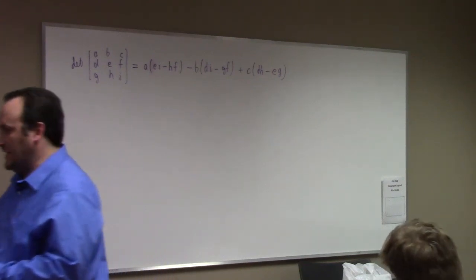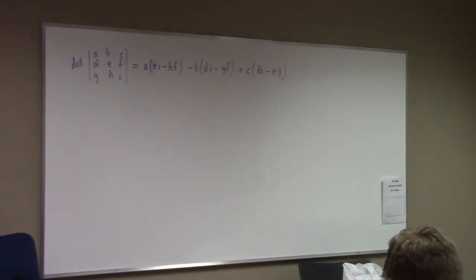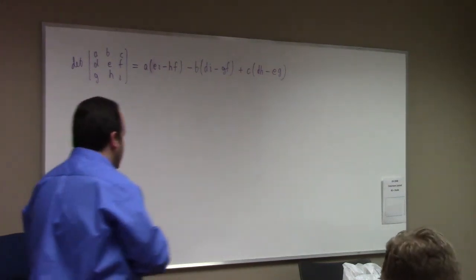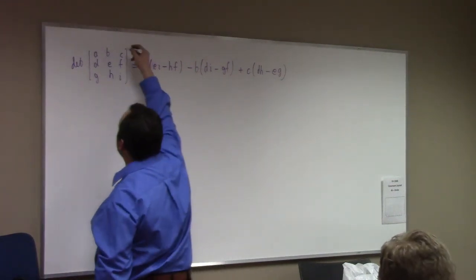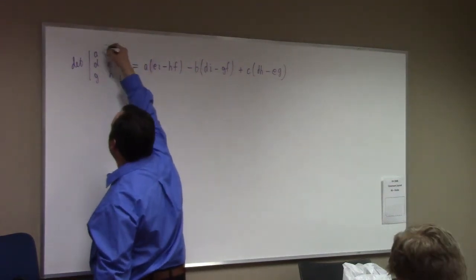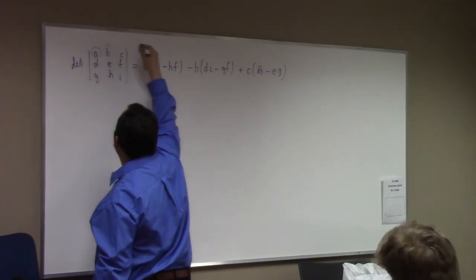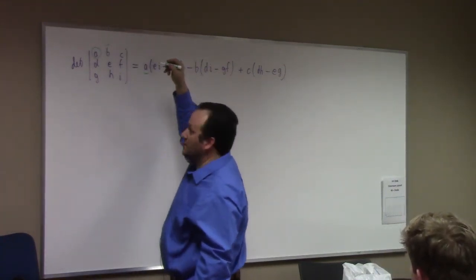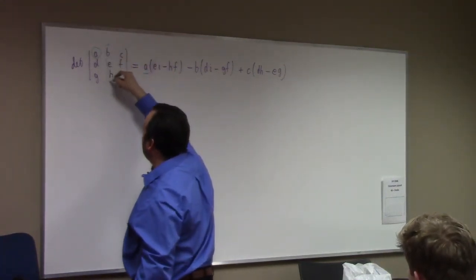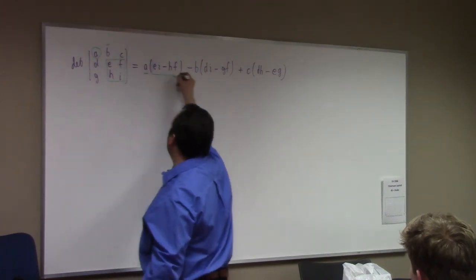Let me color code the meaning of that for you. What I'm doing is called Laplace's expansion by minors across the top row. So first of all, this A is that A. And then whatever's not in the first row and first column gets put over in here.